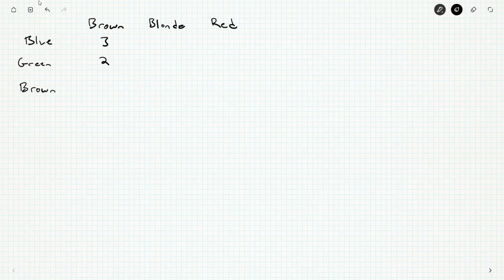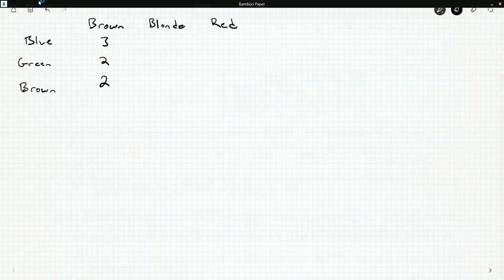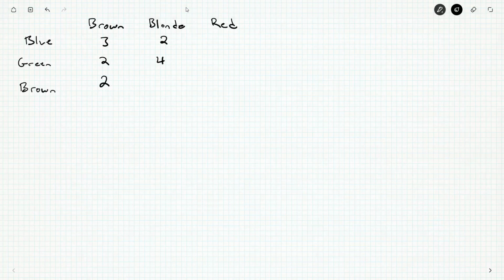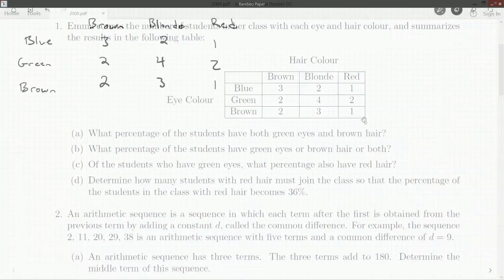I think it was 3, 2, 2, and I think there was a 4 in the blonde column, in the middle, so 2, 4, 3, and 1, 2, 1. We'll just double check.